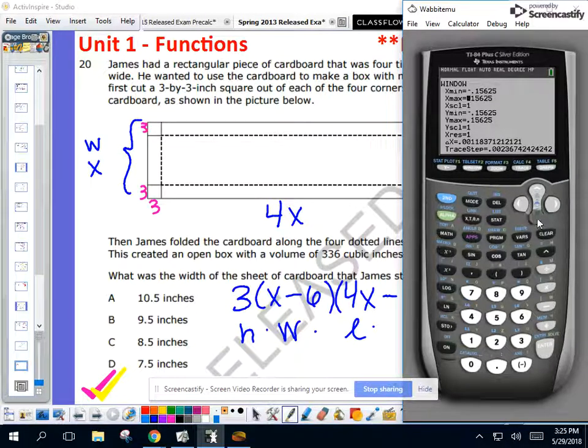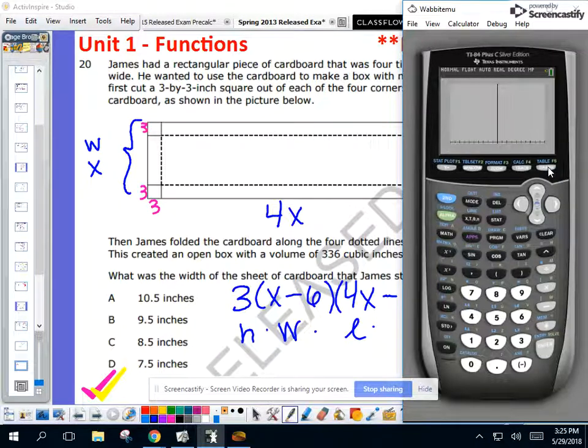The y max should probably be 400. Let me adjust this. If I go back to the standard 10 by 10 window, I'm not going to see a whole lot going on, so let's change my y max to be 400.